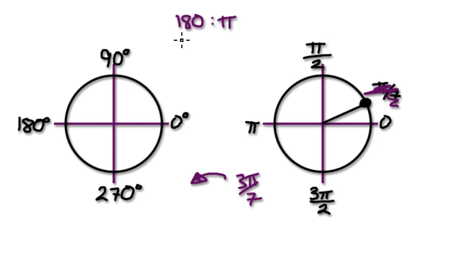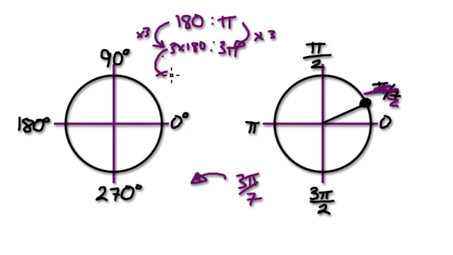Let's times both sides by 3. So if you times this by 3, then you also have to times this by 3. So basically, here you will have whatever 180 times 3 is, and then here you've got 3 pi, and then you divide this by 7.